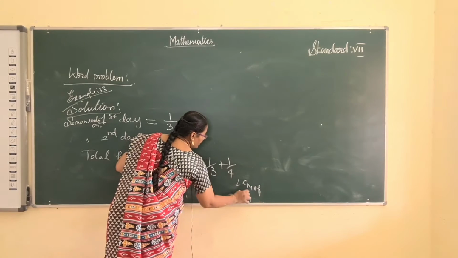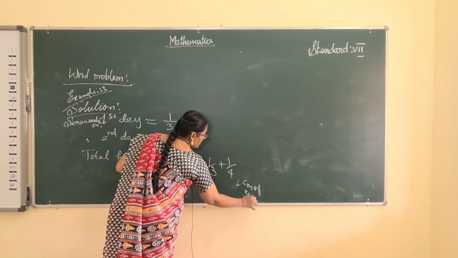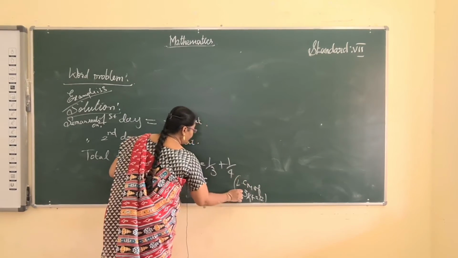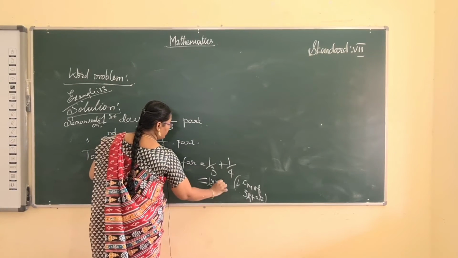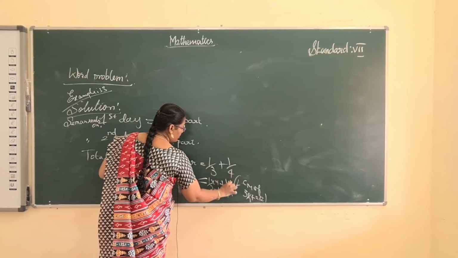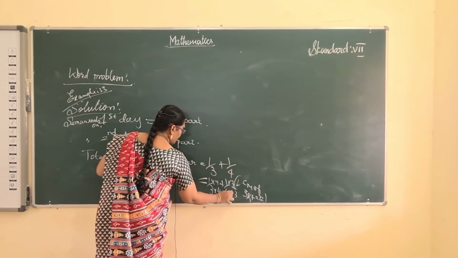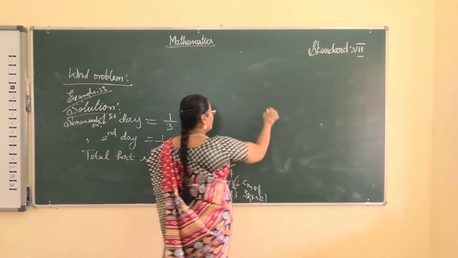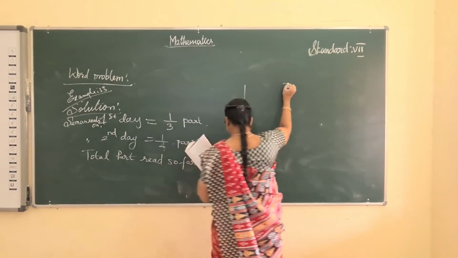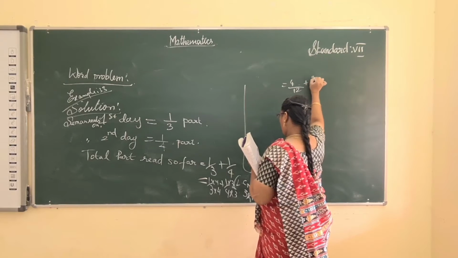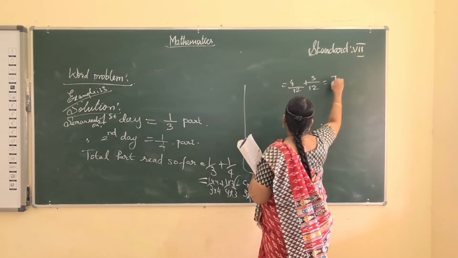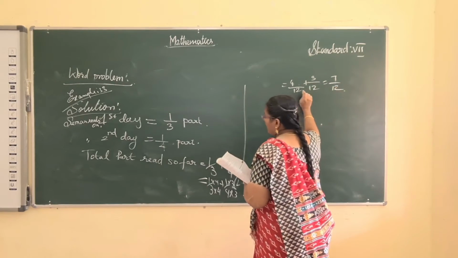LCM of 3 and 4 is equal to 12. So 4 by 12 plus 3 by 12. So 7 by 12 parts are read so far.